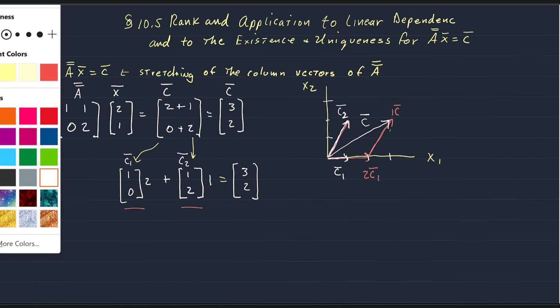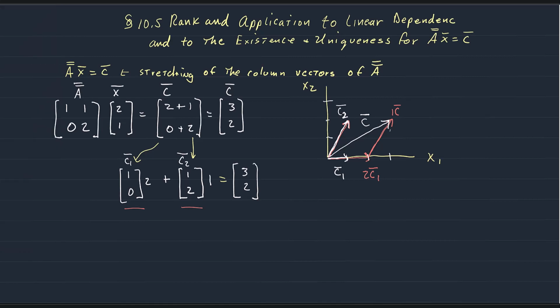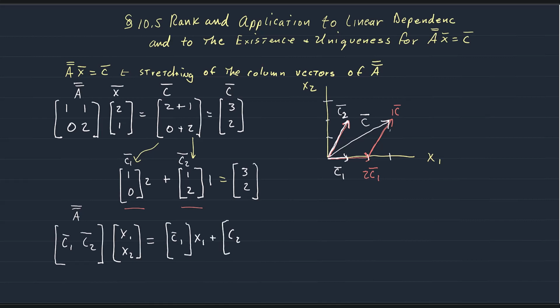So in general, what we did is we have C1 and C2, which make up matrix A, and we have X1 and X2, and that's the same thing as C1 times X1 plus C2 times X2.